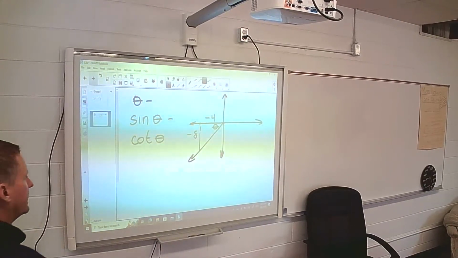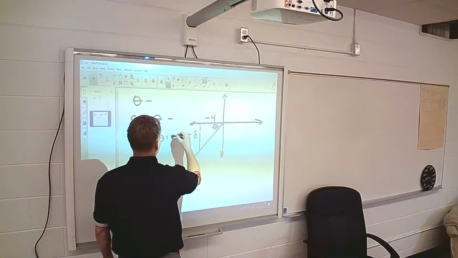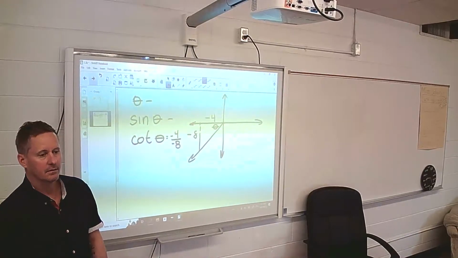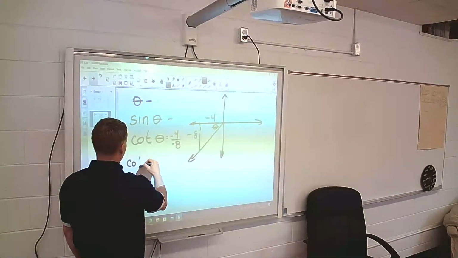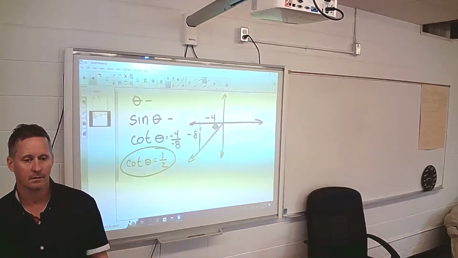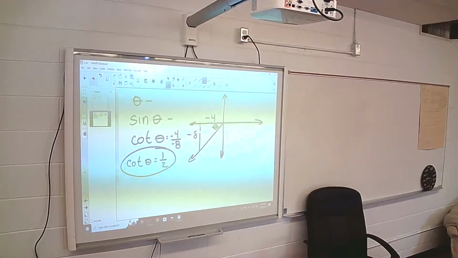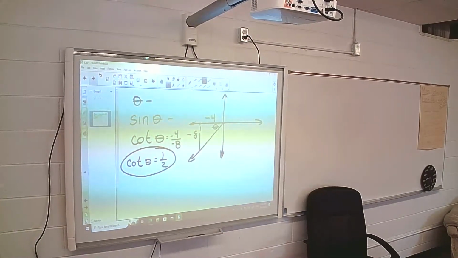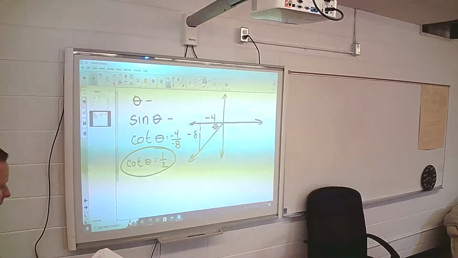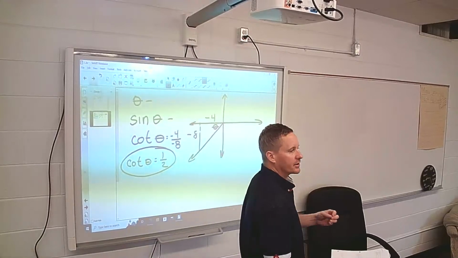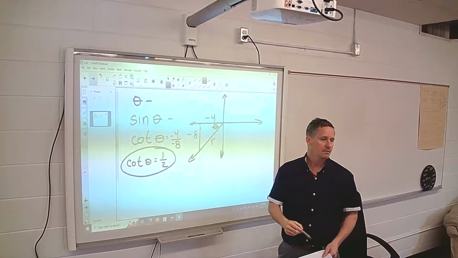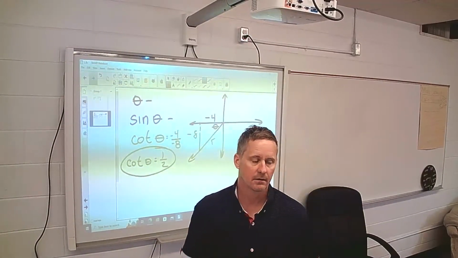Cotan of theta is adjacent over opposite. The cotan of theta is 1/2. Questions? If you're given a coordinate, draw the triangle every time. Most times you'll be asked to find this. You'll be asked to find that radius. Okay?